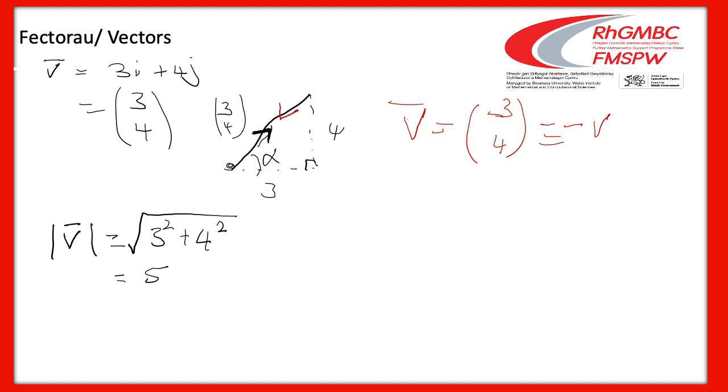The angle of action, if you like, is quite simple, that alpha will be the angle whose tangent is 4/3, arctan, and being an old school mathematician, I know that's about 53.1 degrees to 1 decimal place. It's not exact, but it'll do.